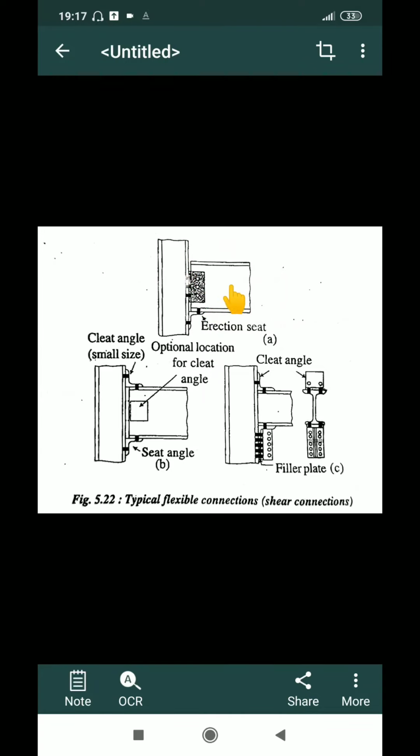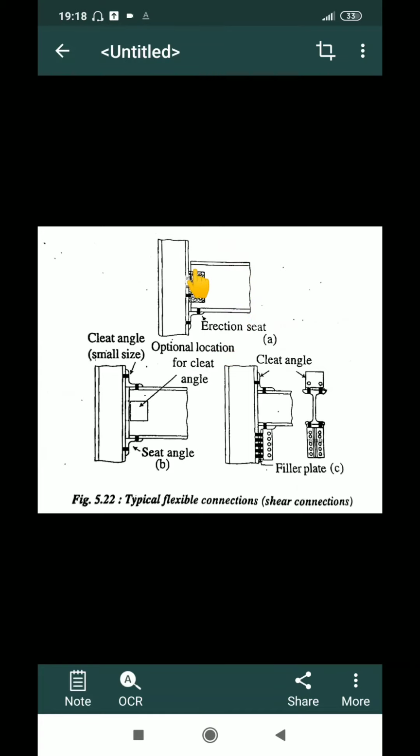Now let us concentrate on the connection type. Whenever a beam and column are joined in such a way that there is just bolting provided just to join the beam with the column, this type of connection does not ensure whether the beam may rotate or may not rotate.